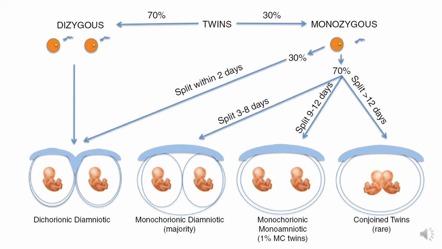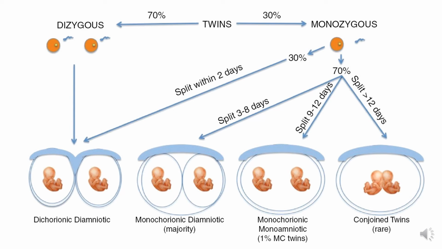This represents about 1% of twins. These twins, just note, we'll talk about it a little later, have the highest risk of complications, except for conjoined twins, which are rare. So we're not going to spend too much time focusing on that. But that's if you get splitting after 12 days.